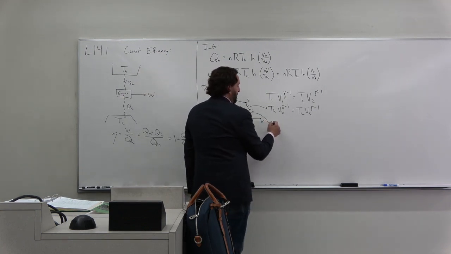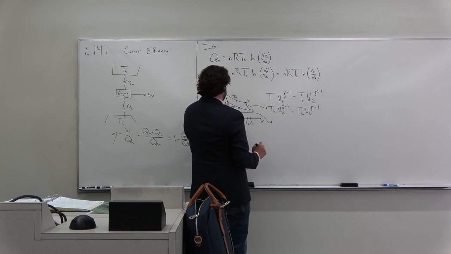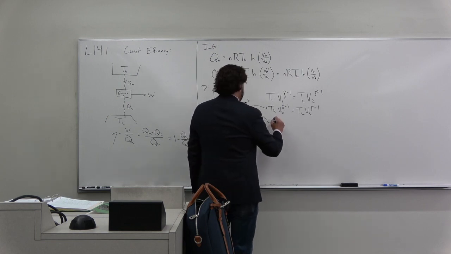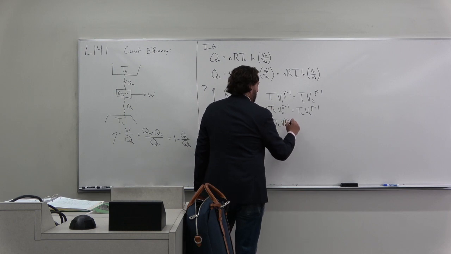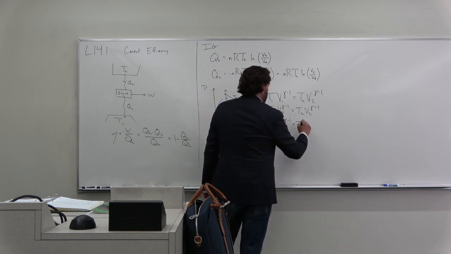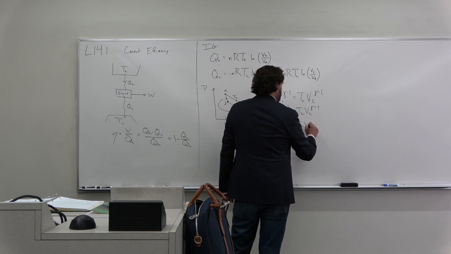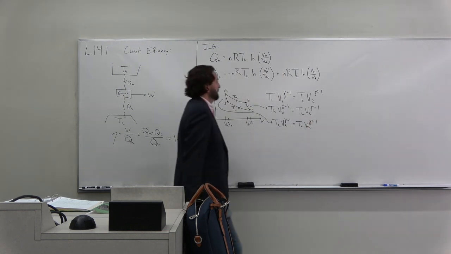And along this adiabat, we start at TC, VD to the gamma minus 1 equals TH VA to the gamma minus 1. Okay.